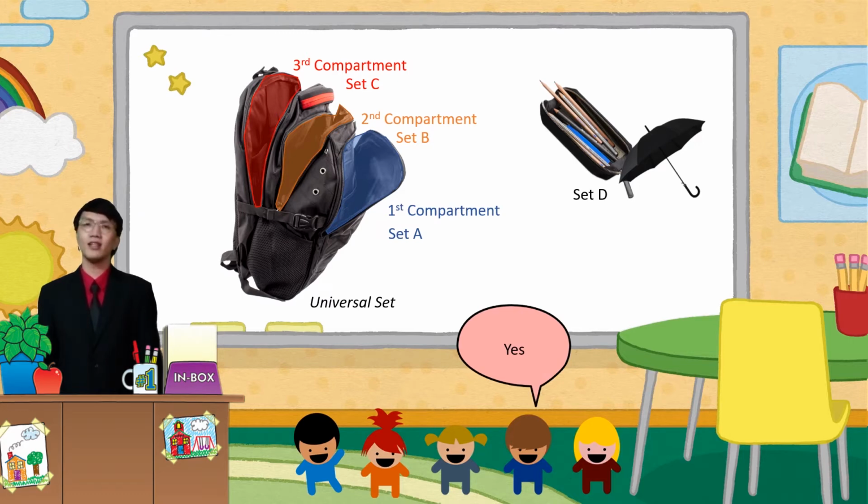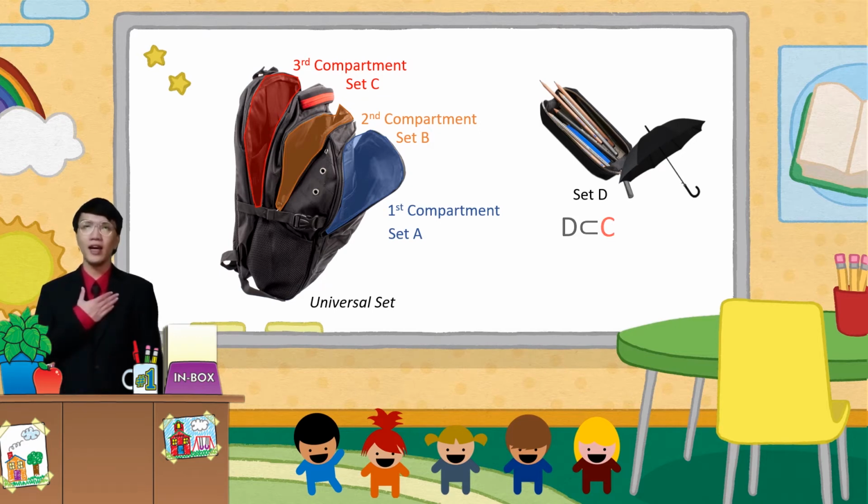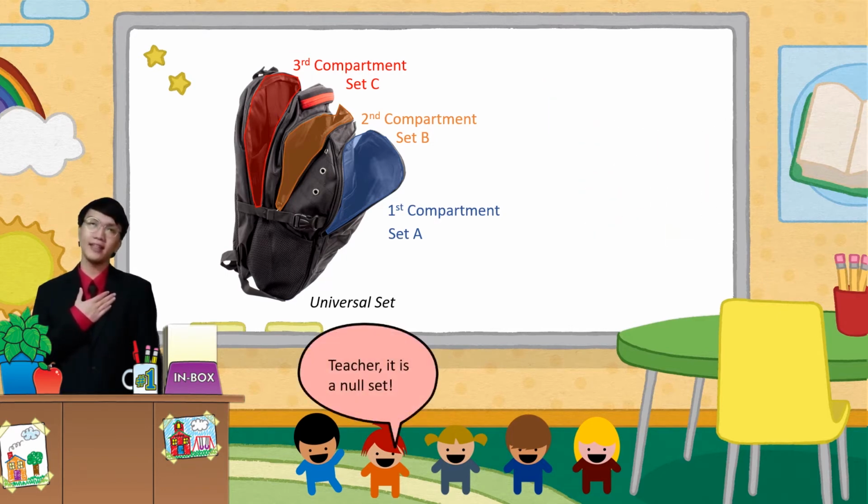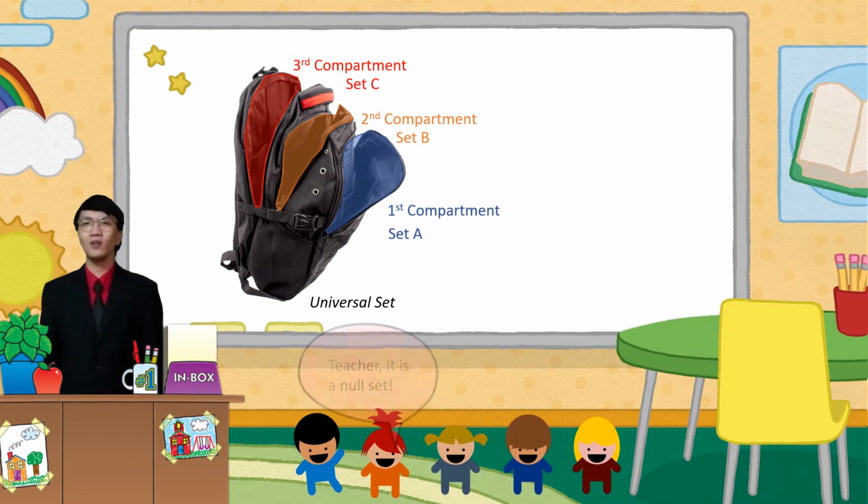Yes, James. Since the pencil case contains several pencils, it is a subset of the third compartment. If I remove the items inside the third compartment, then what do you call the set with no elements inside? Good job, Pinky, you're right. It is called a null set.